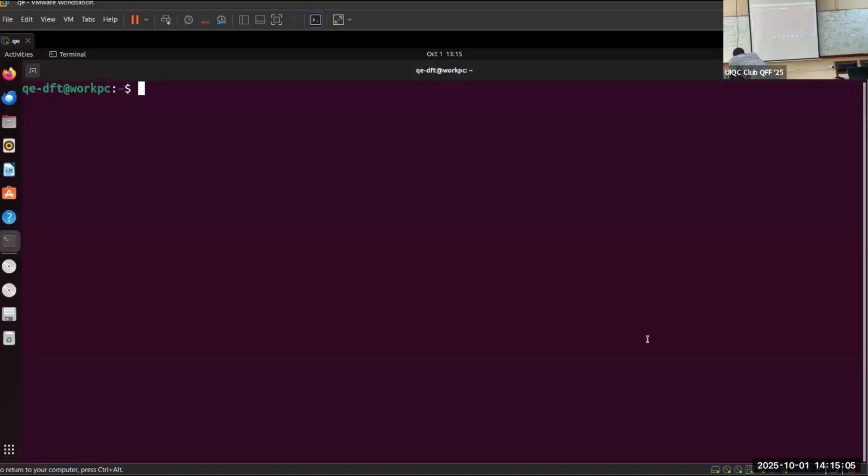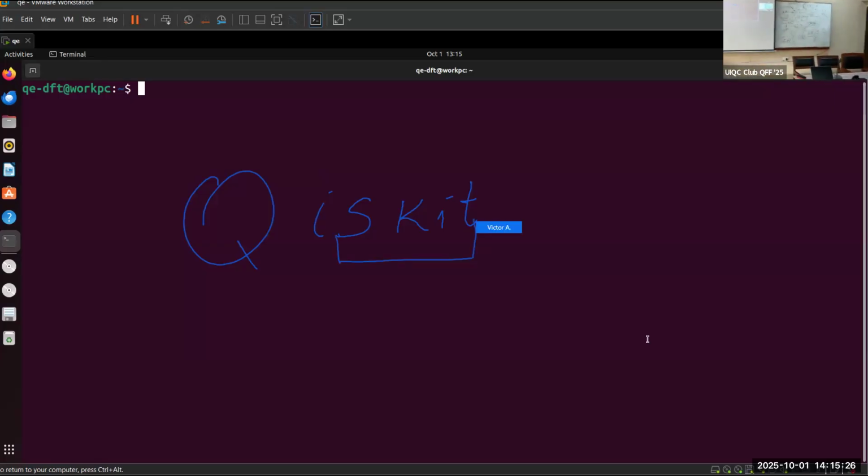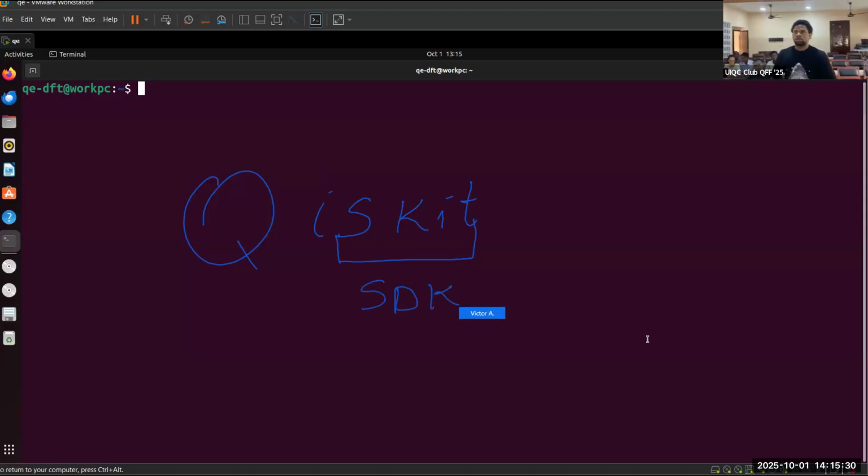Firstly, I would like to say that Qiskit is from IBM. For those who are well versed in programming, they have what they call the SDK, that's the software development kit.